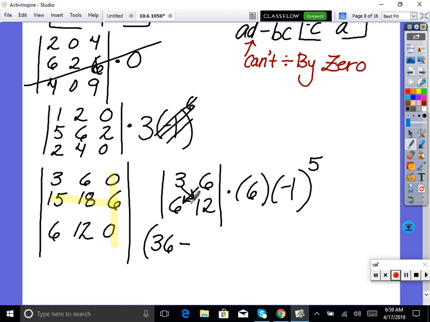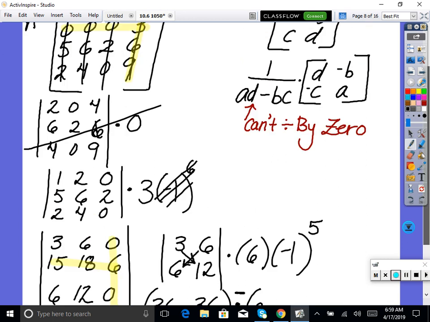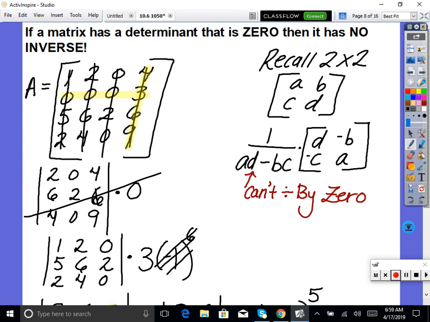Minus 6 times 6, which is 36. And then we're going to be timesing that by 6. Oh, -6. Good catch, Axel. Because a negative to an odd is negative. So isn't that 0 times -6? Which is 0. We just found the determinant of that big, huge, nasty thing up there to be 0. So it's not that it doesn't work, it just means that we can't find the inverse.